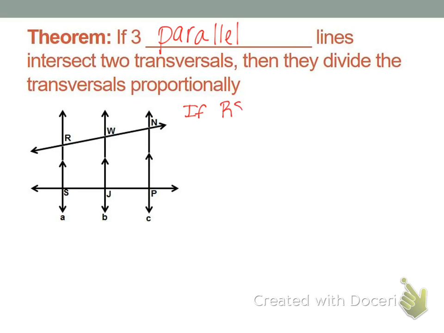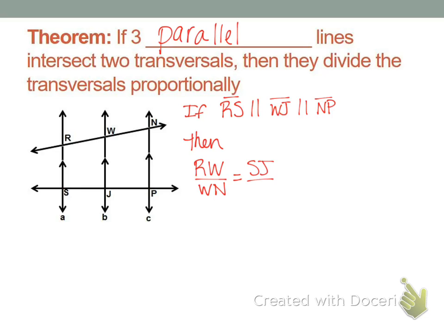If RS is parallel to WJ, parallel to NP, then, and it's much like what we were just doing, it's just not quite in the shape of a triangle. So then RW compared to WN is equal to SJ compared to JP.